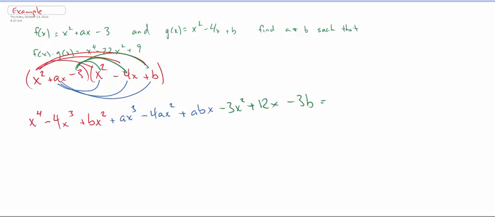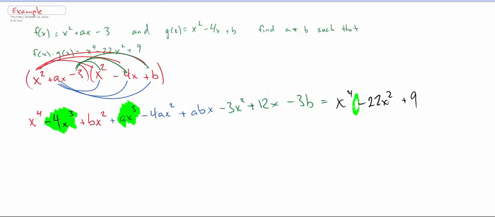And we know that this has to equal x to the fourth minus 22x squared plus 9. What we can do is equate the coefficients. So negative 4x cubed plus ax cubed has to equal, oh, there's no x cubed term here.